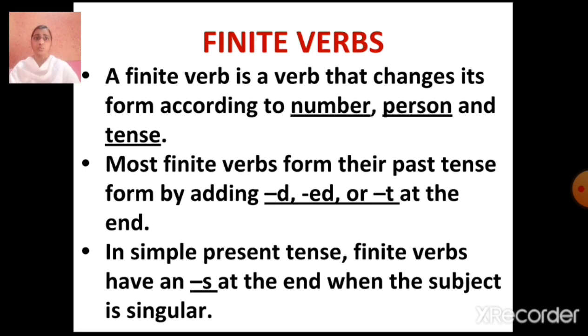Most finite verbs form their past tense form by adding the letter D or ED or the letter T at the end. In simple present tense, finite verbs have the letter S at the end when the subject is singular.